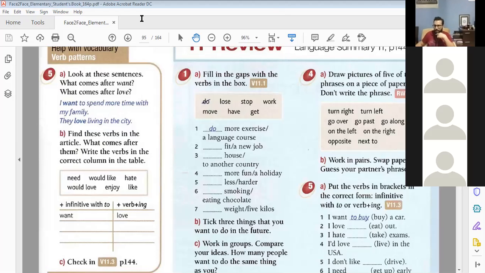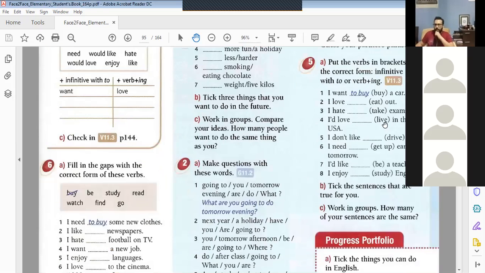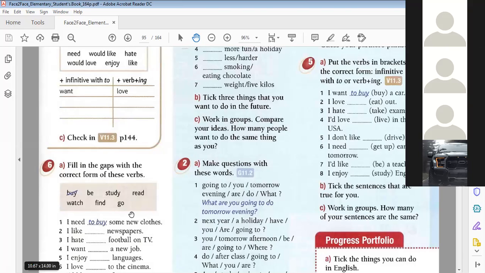Let's check number 5. Okay, so number 5 is today's lesson. So here you can choose infinitive with to or verb plus ing. Okay, Hannah, you can start with number 2 first. I love eating out. All right, good.